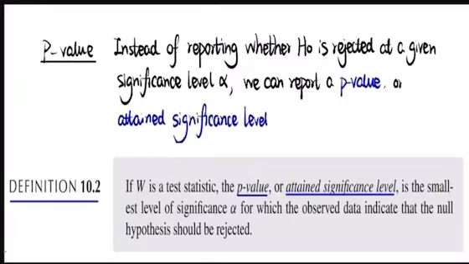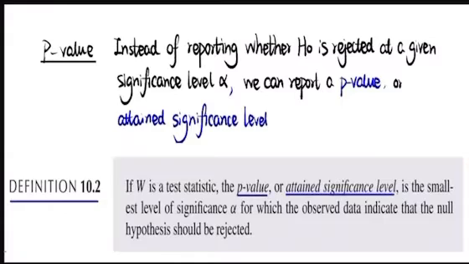Now, let me tell you this. What do I mean by p-value? P-value is the probability of observing an extreme value when the null hypothesis is true. I'm going to say that again. P-value is the probability of observing an extreme value when the null hypothesis is true.